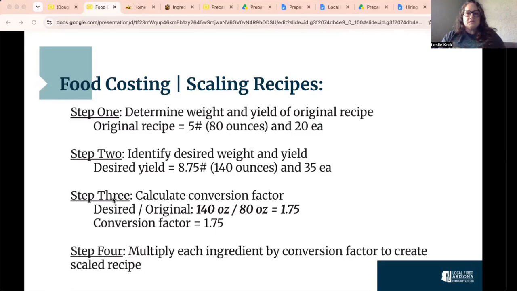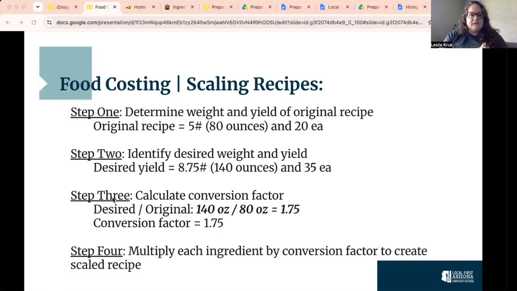Step two is you're going to identify the desired weight or the yield that you want to come out of that recipe. For instance, in this circumstance, I have an order where I actually need 35 each out of the yield and not just 20. And rather than doubling it and supposedly getting 40, we can actually make this more precise and make the recipe to fulfill that order, which is way more efficient.